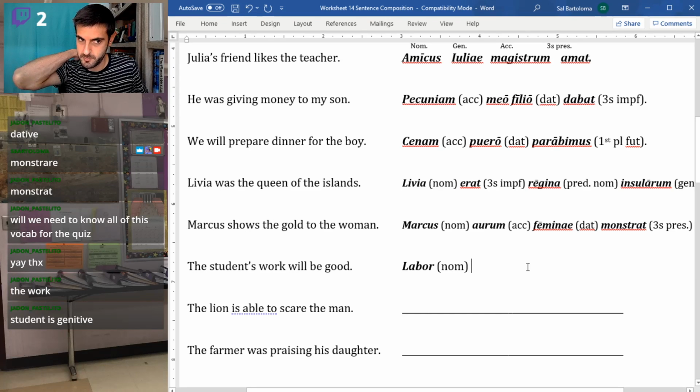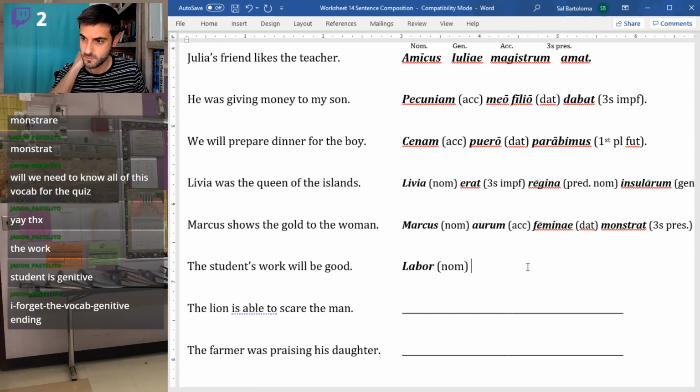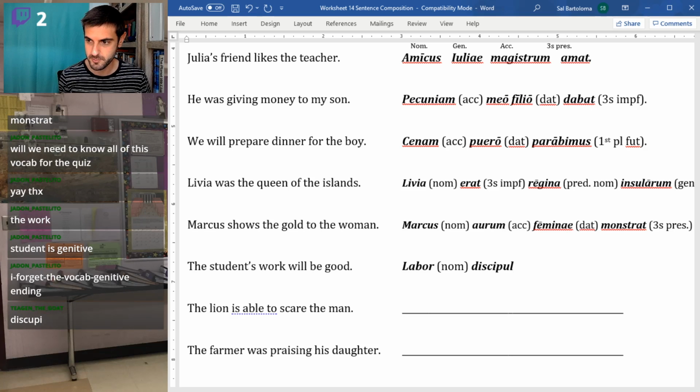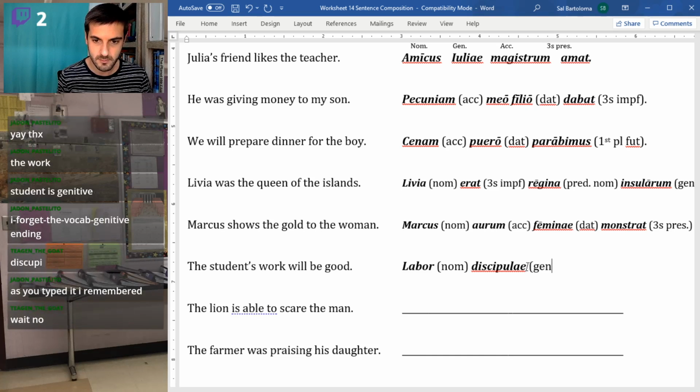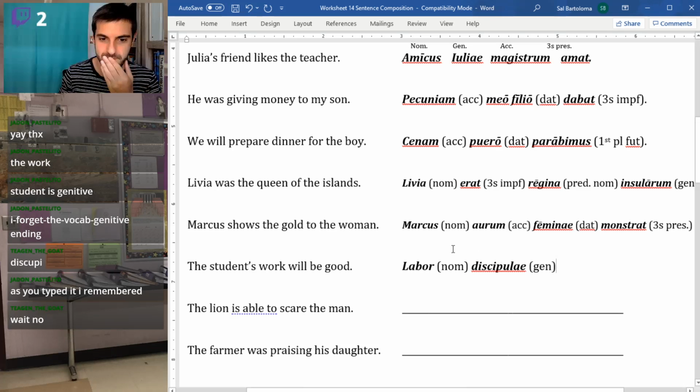So the genitive would be... Oh, this word we have to know. Discipula... I'm going to say it's a girl student. I'm going to say it's a student of the female persuasion. Discipulae. Right? If it were a male student, we could say discipuli, of course.